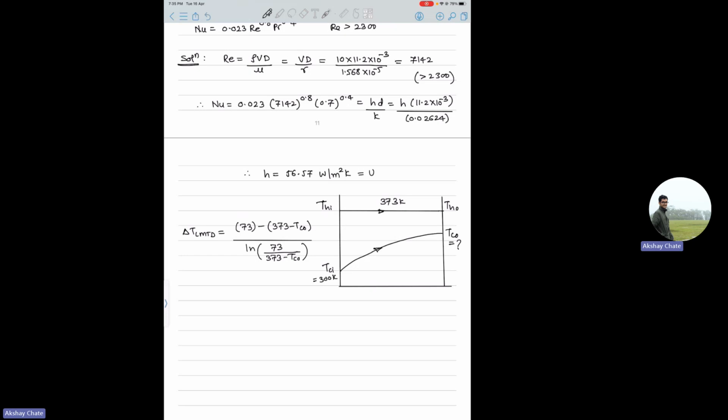You can simplify further. So this will become TCO minus 300 at the numerator, and you will have ln 73 by 373 minus TCO. So by the looks of it, your TCO should be greater than 300. That is first observation.